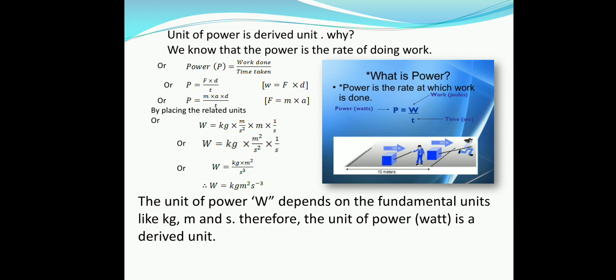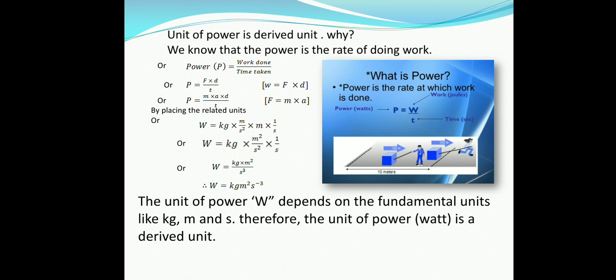Now let's multiply them: W equals kg into square meter into 1 by s. When we multiply once more, W equals kg square meter by cubic second.